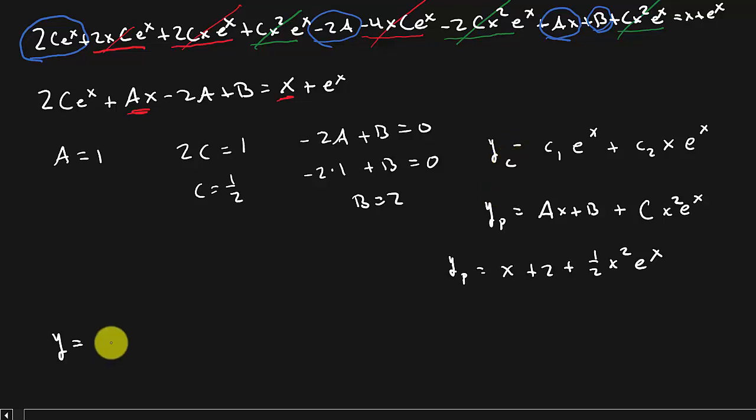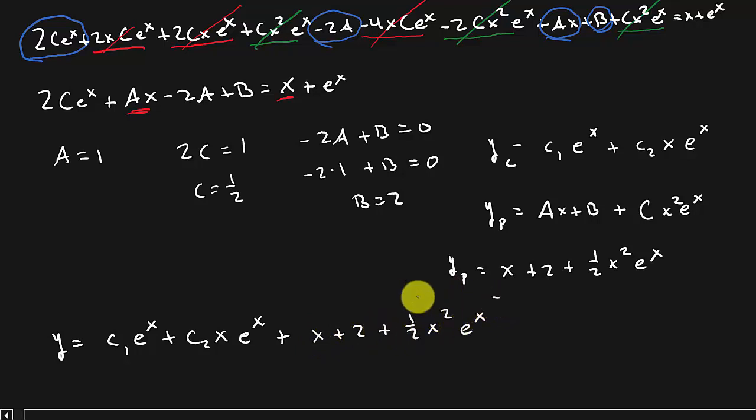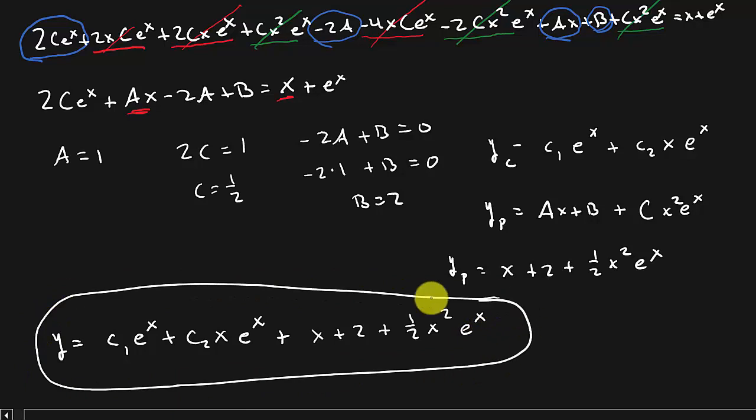That's c1 e^x + c2 x e^x, so y is y_c plus y_p, plus (x + 2 + 1/2 x²) e^x. And there's your solution. All right, so that's the video.